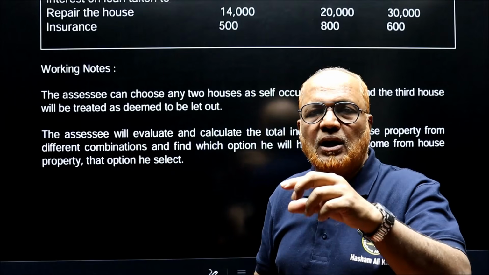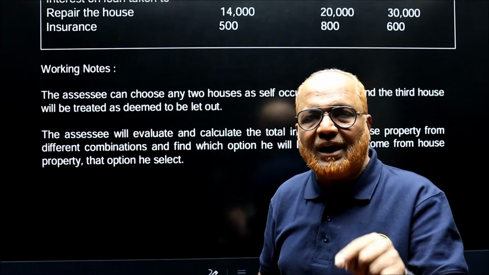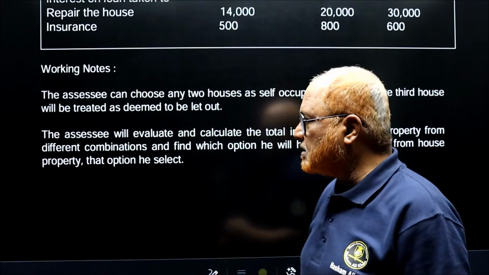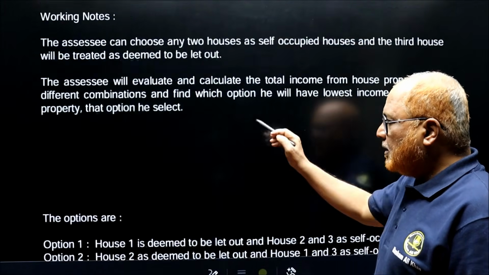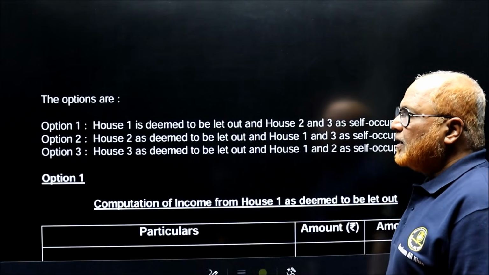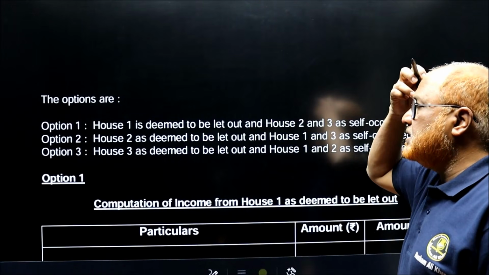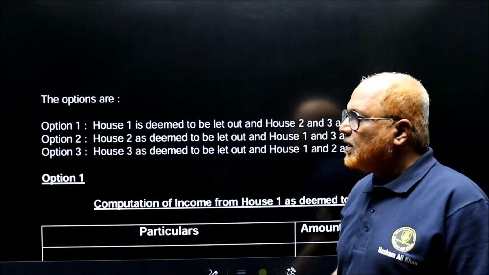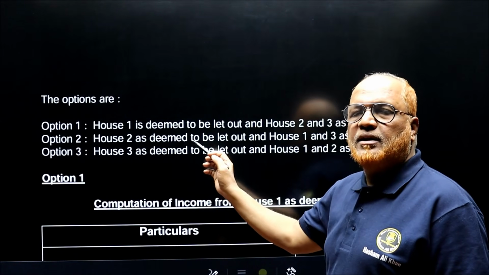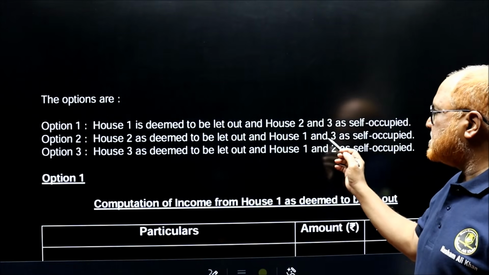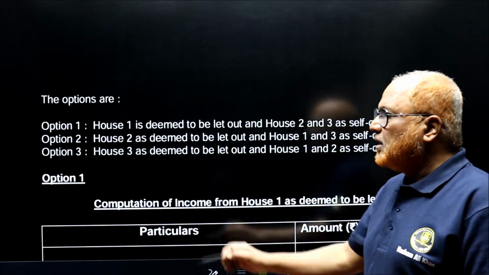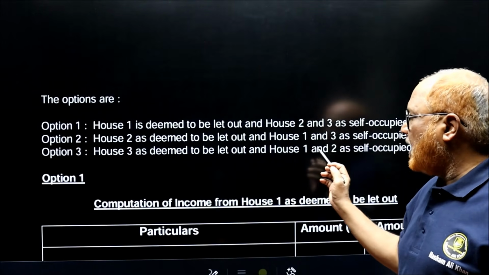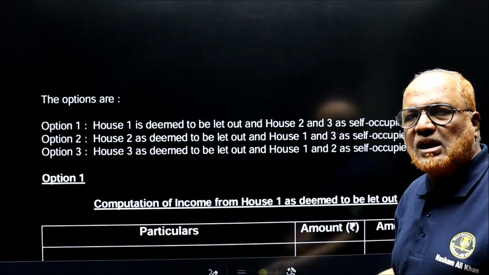Whichever combination has the lower income from house property, that option he will choose in order to reduce the tax liability. Now options. The options are option 1, house 1 is deemed to be let out and house 2 and 3 as self-occupied. Then second, house 2 will be treated as deemed to be let out and first and third house as self-occupied. Third option, house 3 will be treated as deemed to be let out and house number 1 and 2 will be treated as self-occupied.